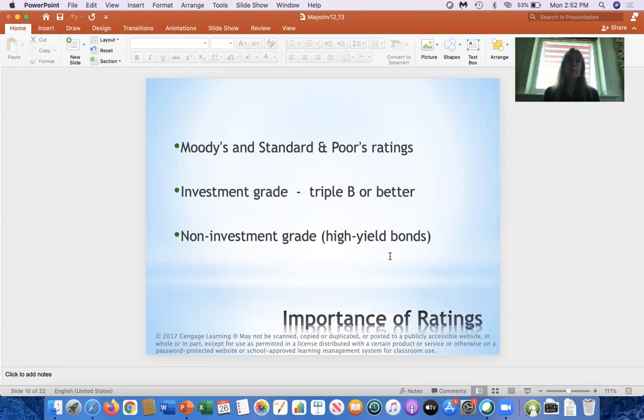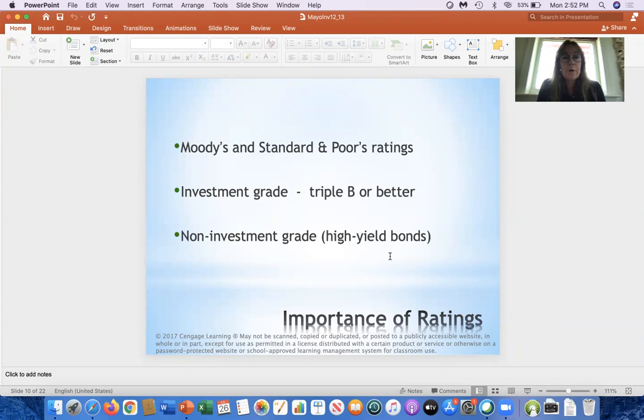So let me think of some companies. Probably Zoom might be non-investment grade. Let me think. Confluent, that's a new company that just had an IPO. They might be non-investment grade.